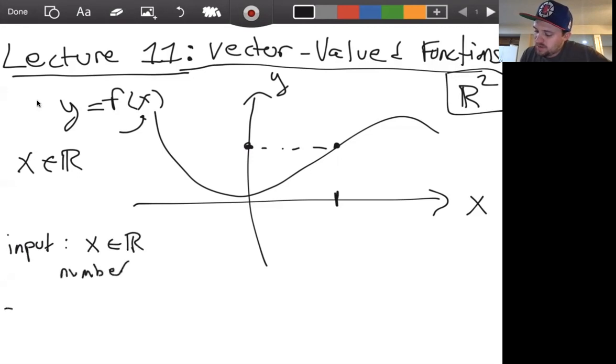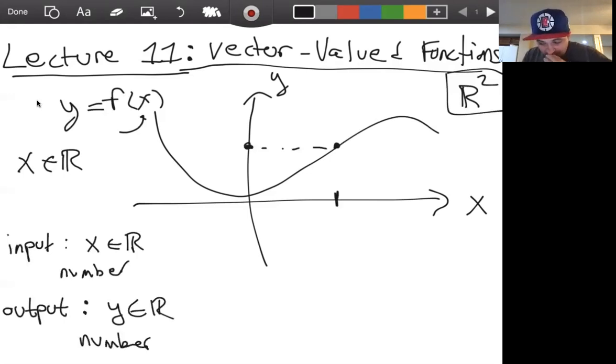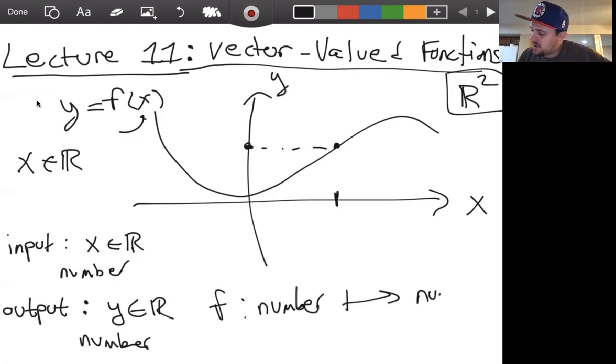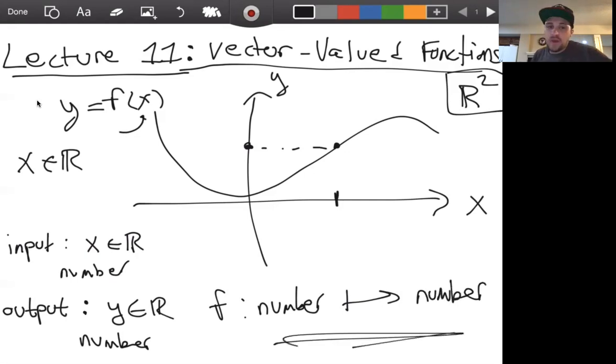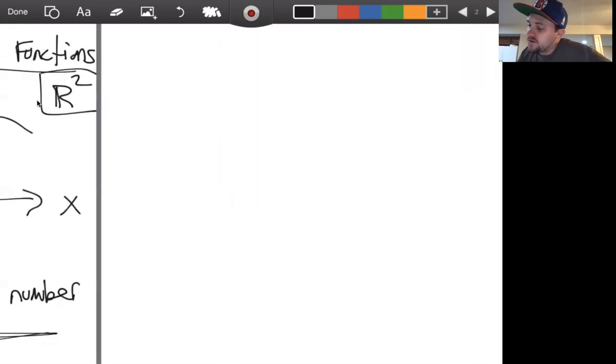And the output, y in R, is also just a number, right? So f takes a number and spits out a number. Now, vector valued functions behave slightly differently.